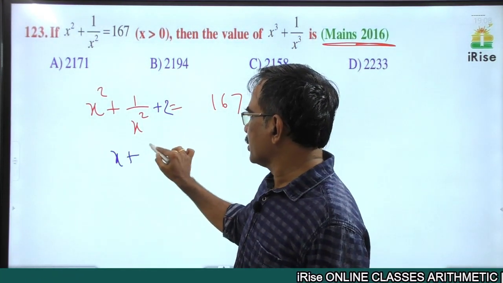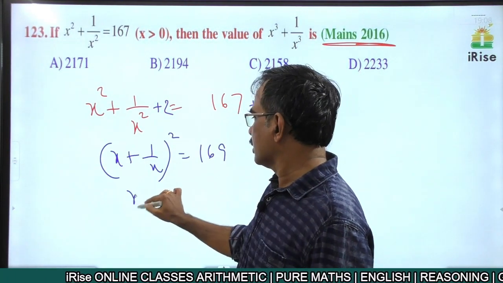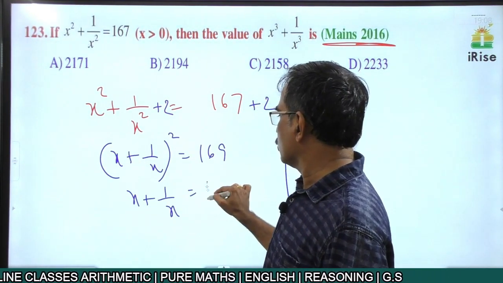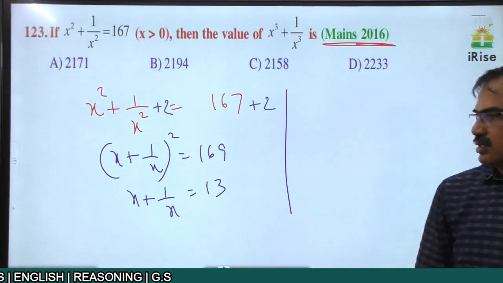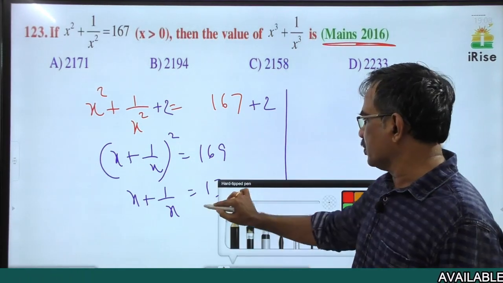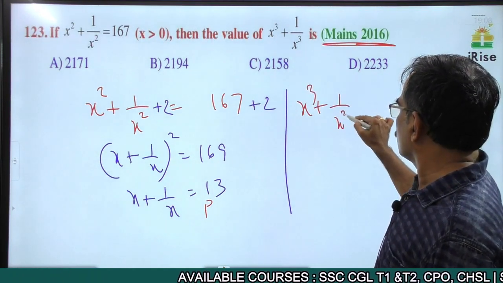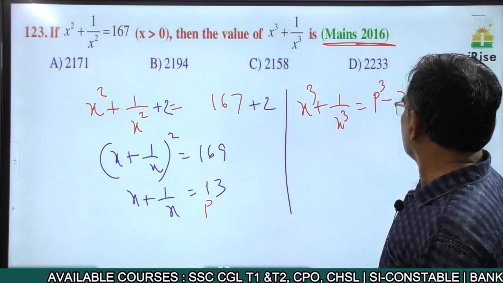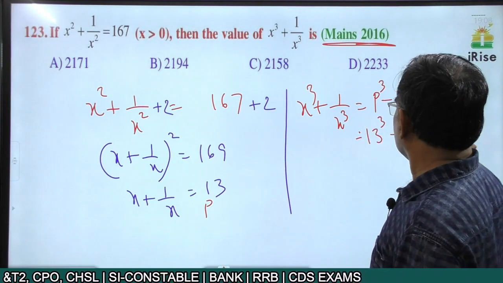Then this is (x + 1/x)² = 169. x + 1/x is equal to ±13. For the positive answer, I want to consider this as 13. If x + 1/x is p, what is x³ + 1/x³? This is the p³ − 3p formula: 13³ − 3 into 13.